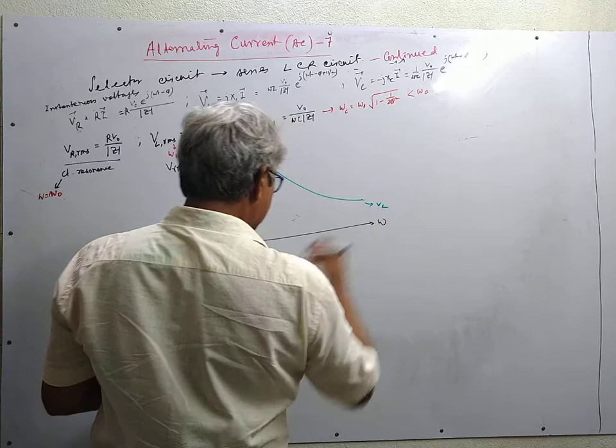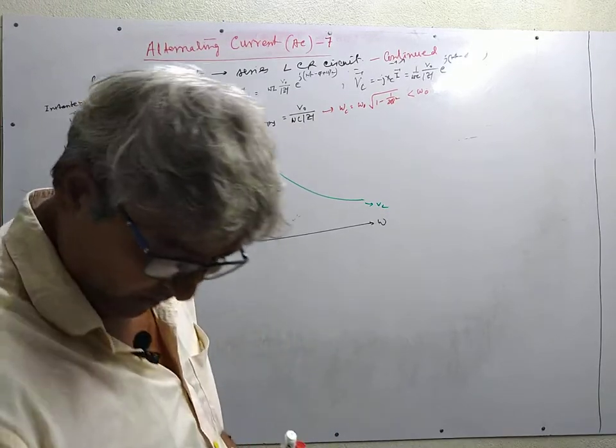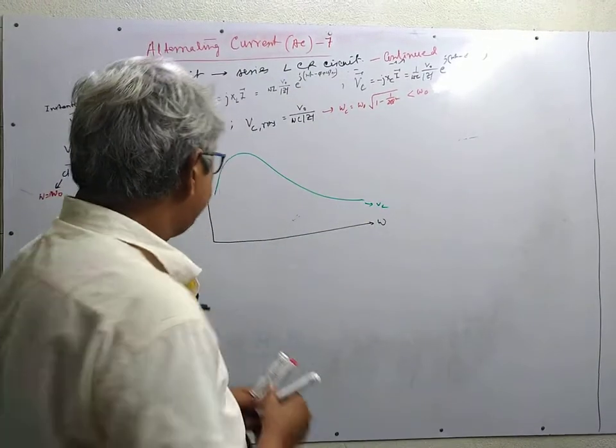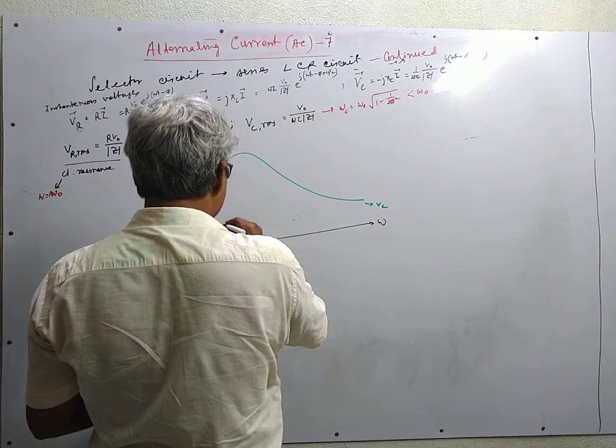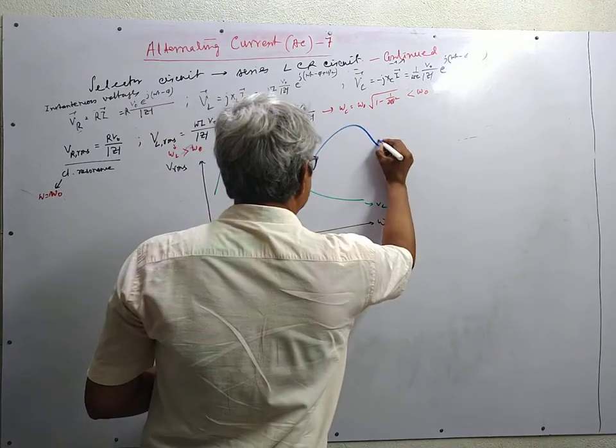This is VC. The variation of VL is like this.